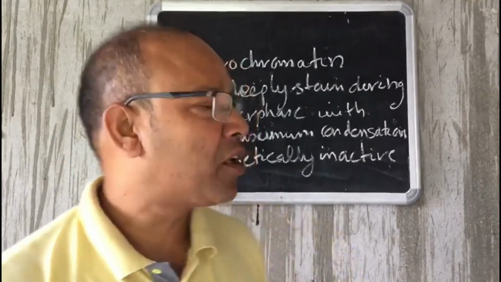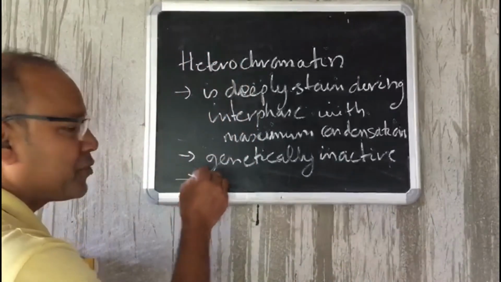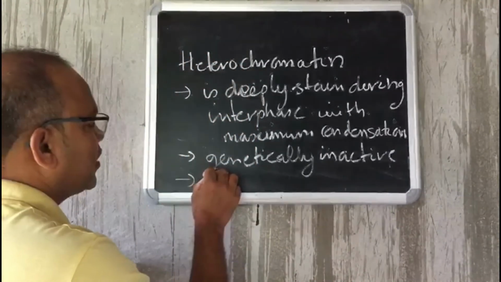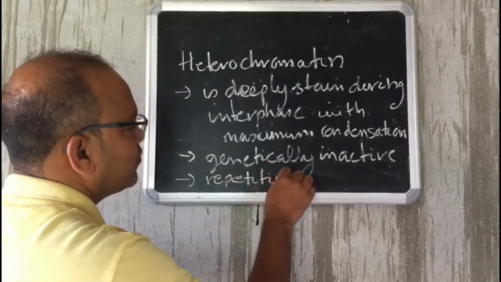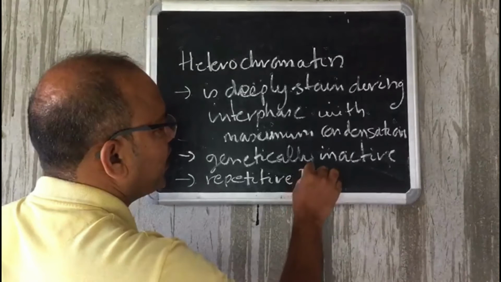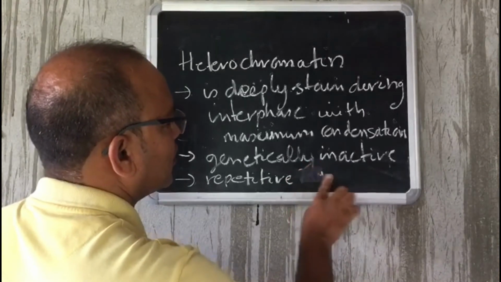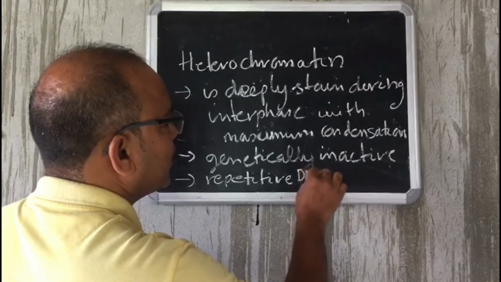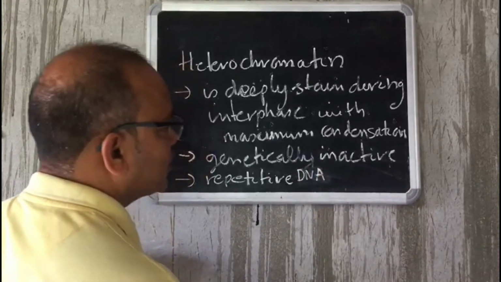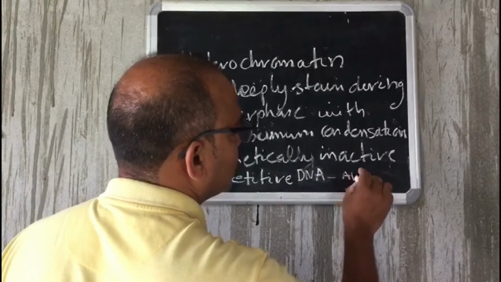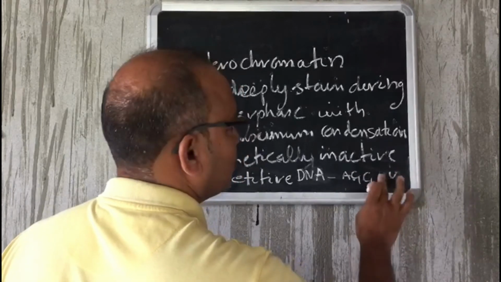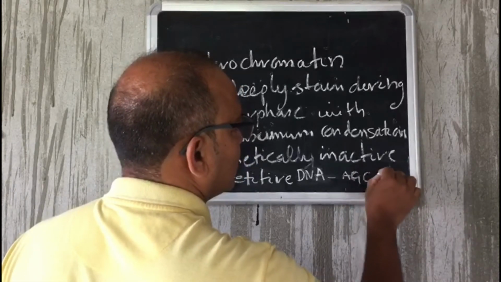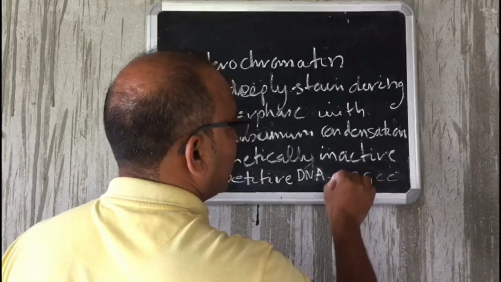They are basically made up of, like I have already talked about, repetitive DNA. Repetitive DNA. You can take an example like AU, AG, AGU, CC, AA.